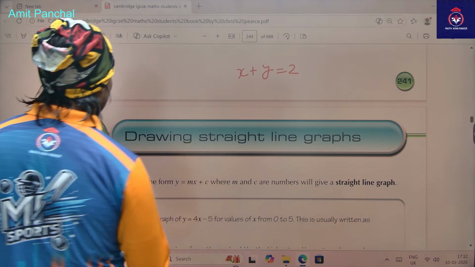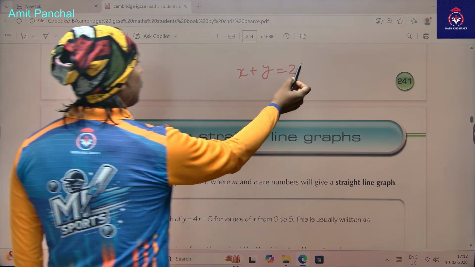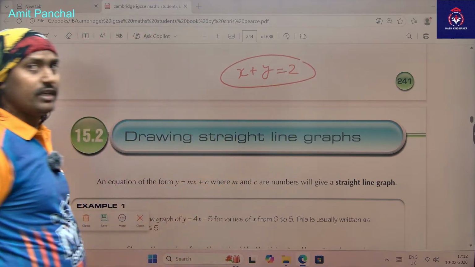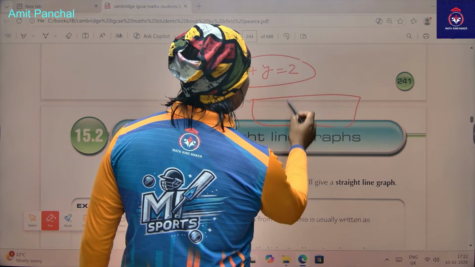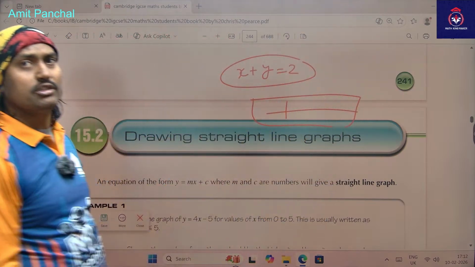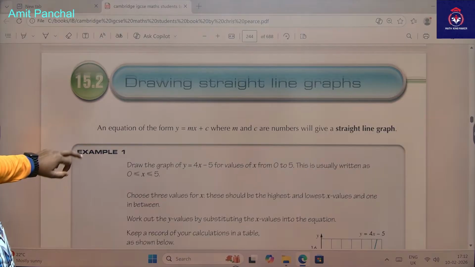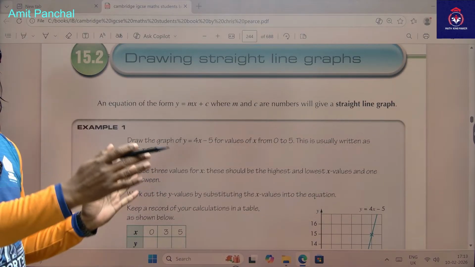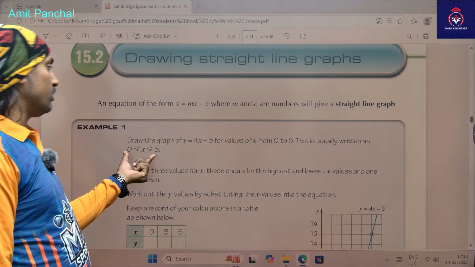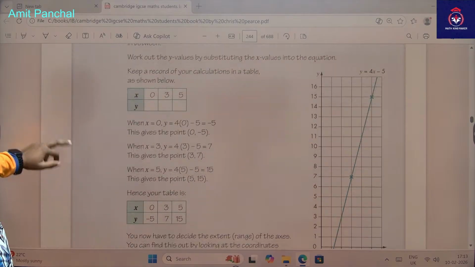That I'm confused. Okay, to draw this, for drawing this equation, you just need to make a table and you will have 2 points and just join these 2 points so that equation of straight line will be drawn. Okay, and if certain domain is given to you, you have to restrict your straight line into that domain. So beyond that you have to erase everything.